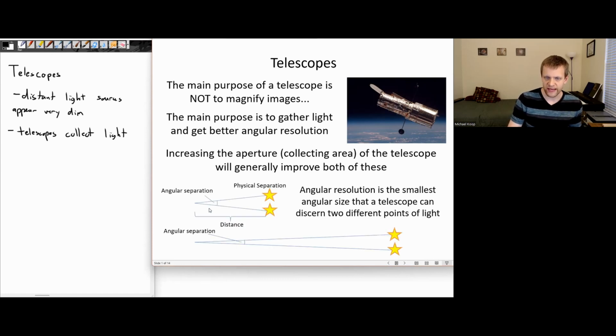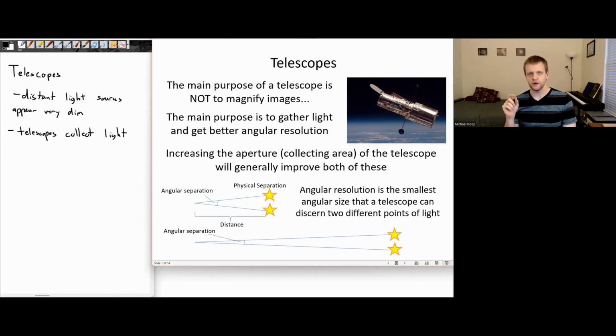When we talk about angular resolution, it's basically the smallest angular size on the sky that two objects can be apart, and I can still distinguish them as two individual points of light. Think about driving down a highway at night, where very far off in the distance, you see the headlights of a car.